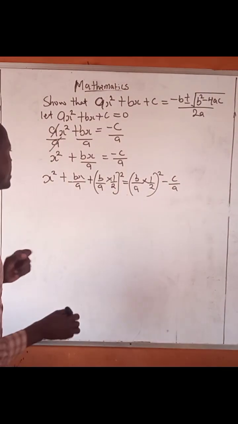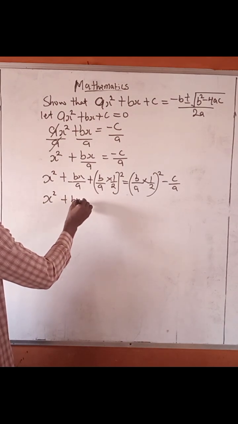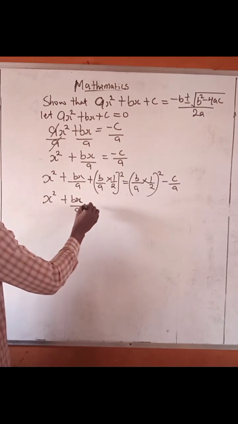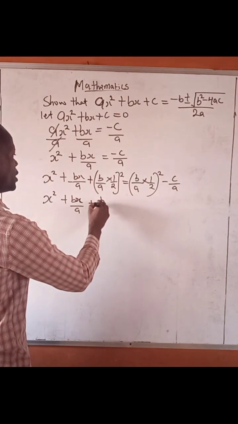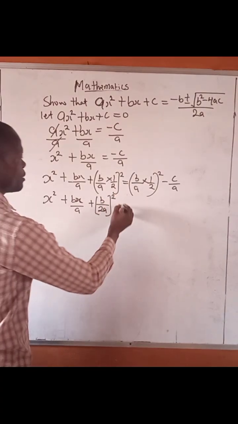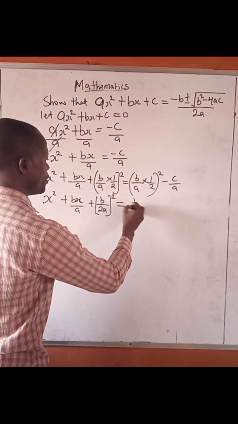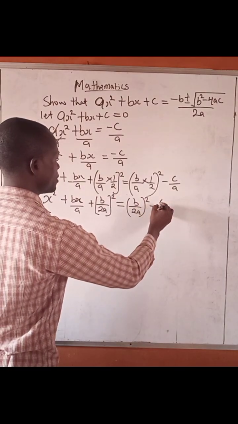Now, having done that, this will give us x squared plus bx over a plus b over 2a squared, equal to the same thing, b over 2a squared, minus c over a.